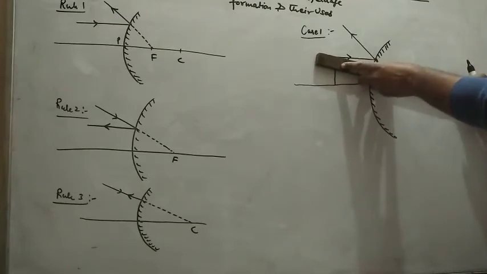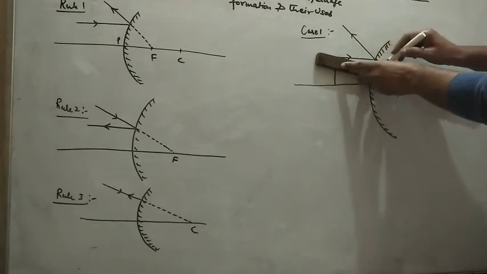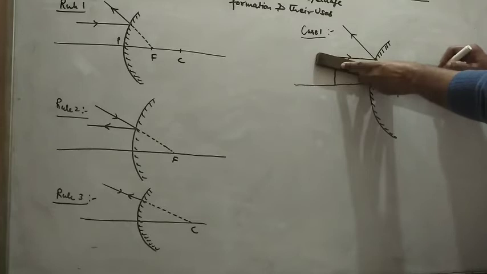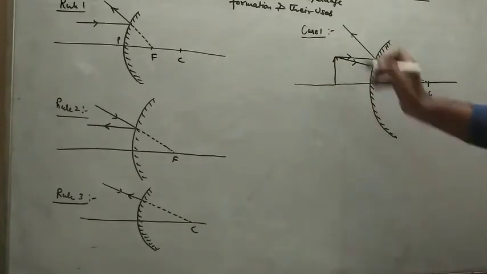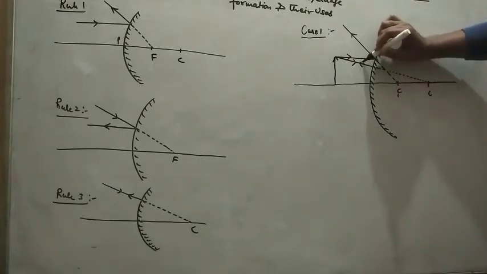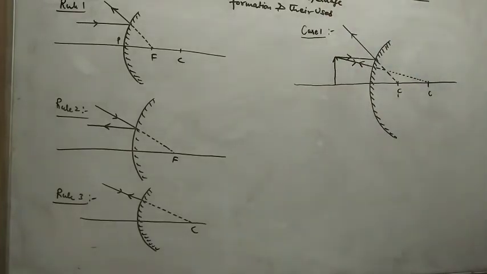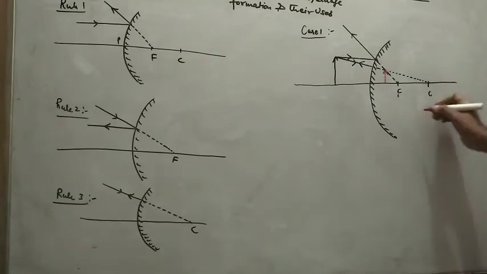The ray from the object which is approaching C in this way, this is the incident ray. After reflection, you can see it will retrace its path. It will come back again. So where they intersect, virtually they are intersecting. Just check it out. Here is the point of intersection. So this is the position of the image, right?